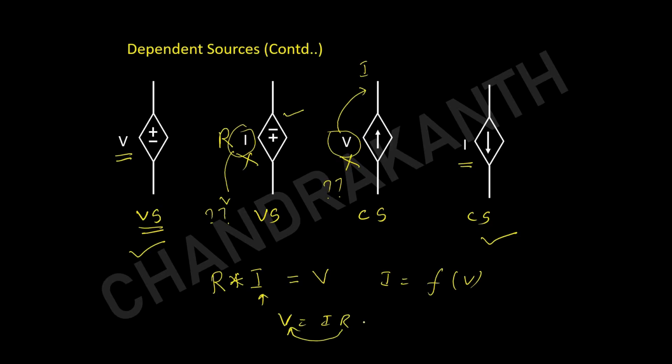That becomes I is equal to V by R. This can be written as 1 by R into voltage V. This reciprocal of resistance is called conductance G. So always we have the relation that the reciprocal of resistance is equal to conductance G, that is G into V. With this multiplication, we are going to represent the dependent values, that means on which values these sources depend.